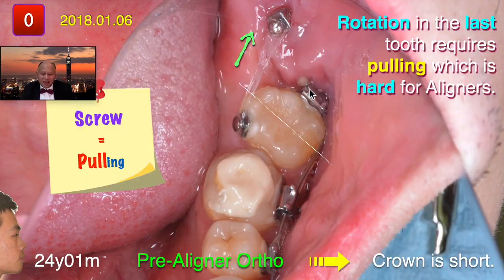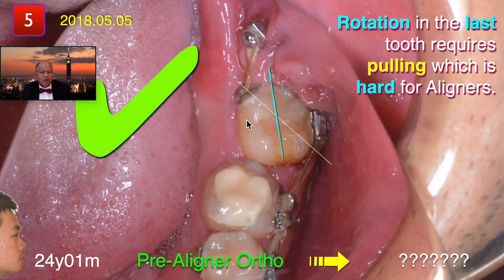So what I did is, we already know the screw provides pulling mechanic. I placed several braces right here, sectional braces, to line up the teeth, and to rotate and derotate, I used this lingual button, hooked a power chain to the mini screw, and that will produce a moment to rotate.